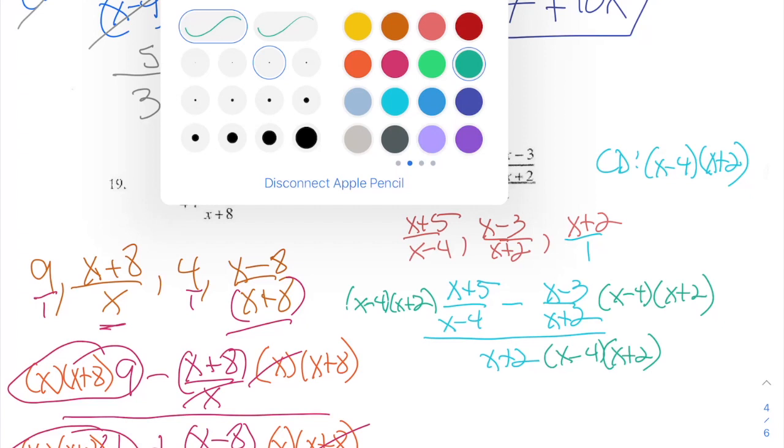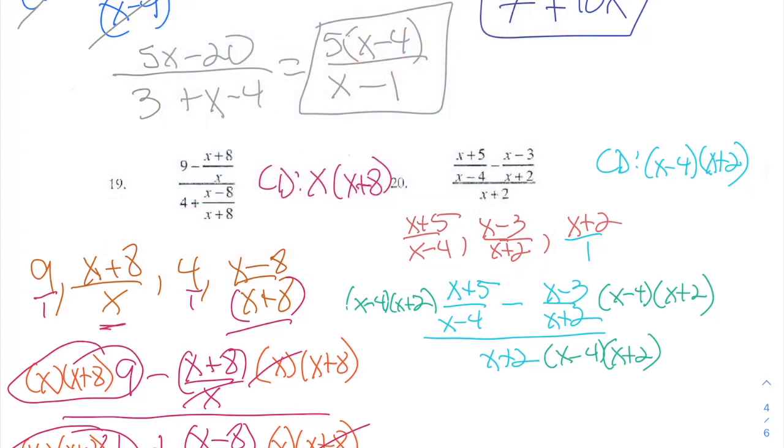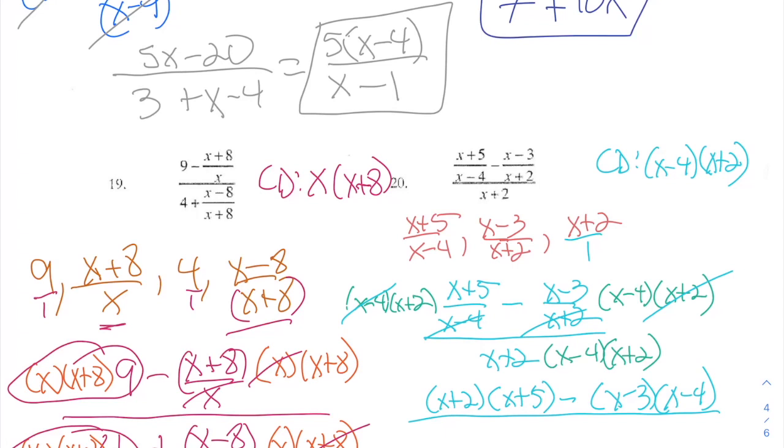Okay, and now this is going to work out, even though it looks bad, it's going to work out pretty nice. Those are gone, those are gone, and now I have x plus 2 times x plus 5 minus x minus 3 times x minus 4 all over, don't bother multiplying that out, that's crazy.